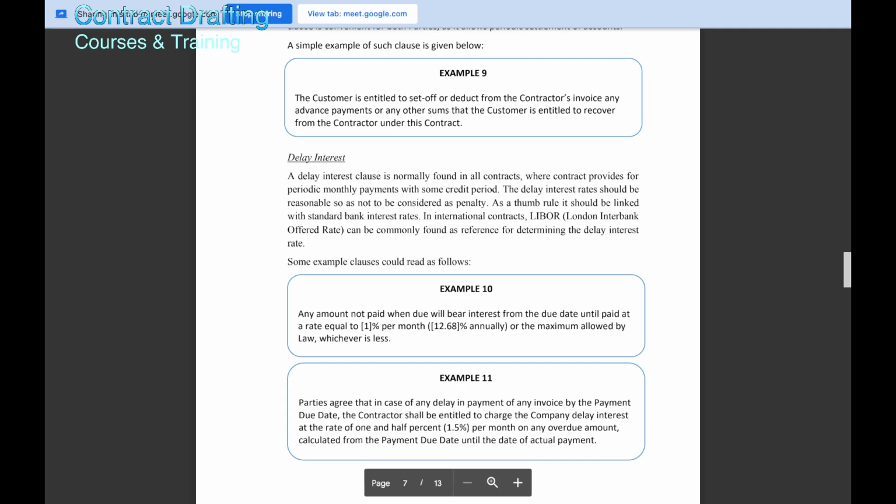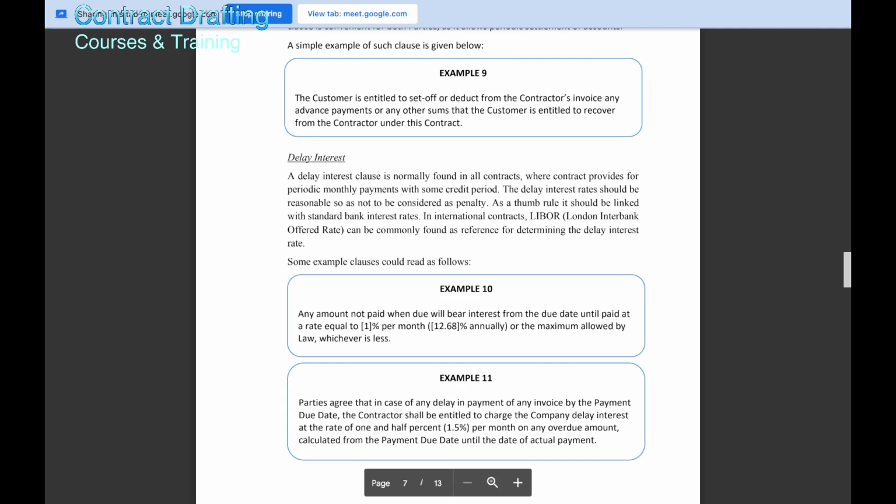Now, coming to the validity of a contract, there can be a clause on simply like this contract is becoming effective from certain date and will remain valid for so many years, or it will be valid for a year and thereafter renew on year basis automatically.